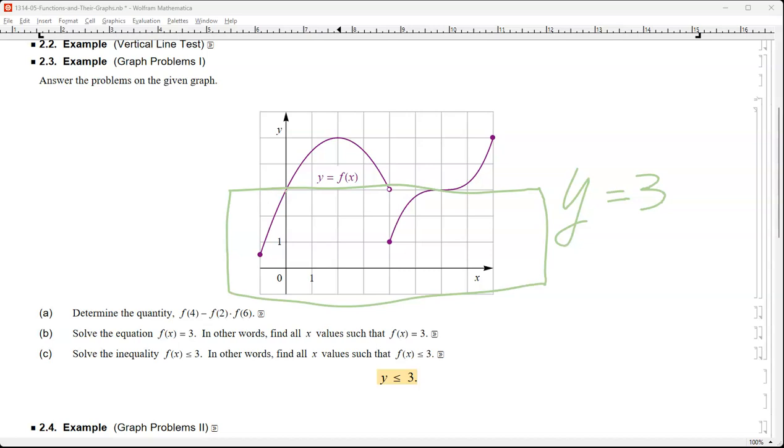Do you see that it is this part of the graph and this part of the graph? I should have used a different color. This part of the graph and this part of the graph.